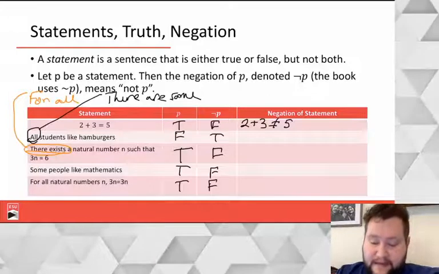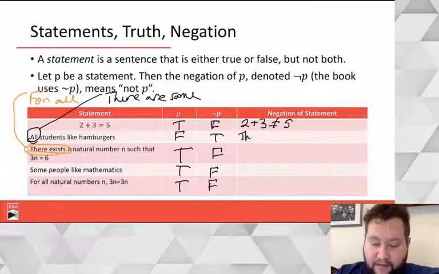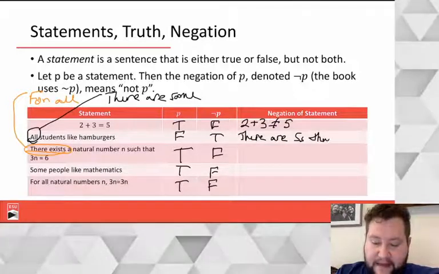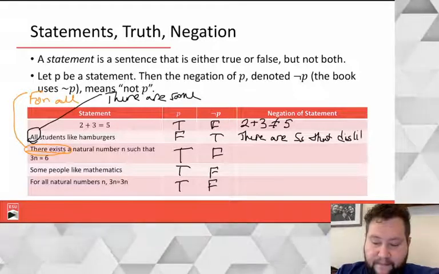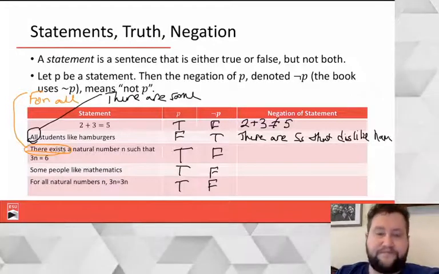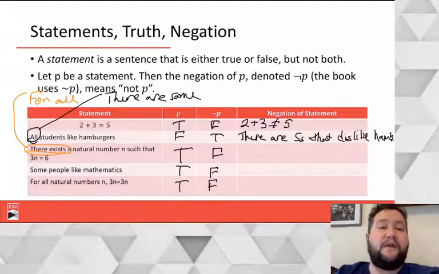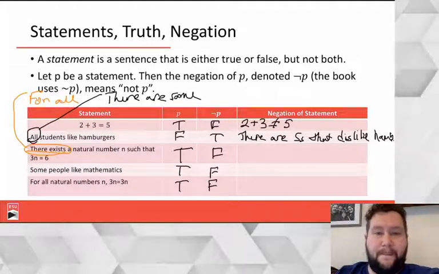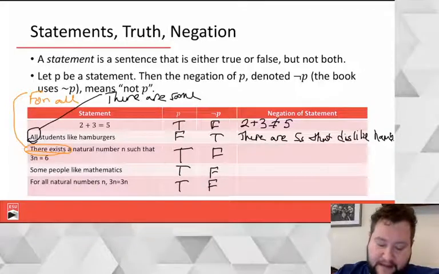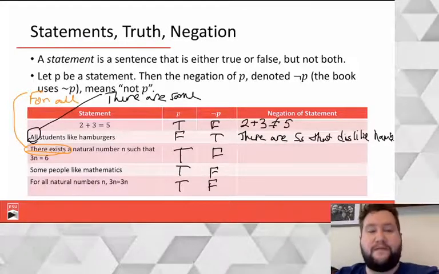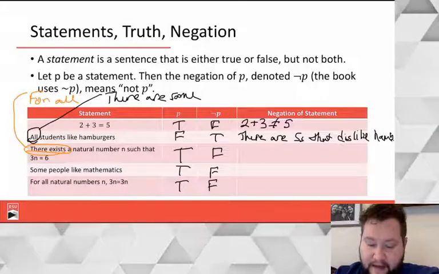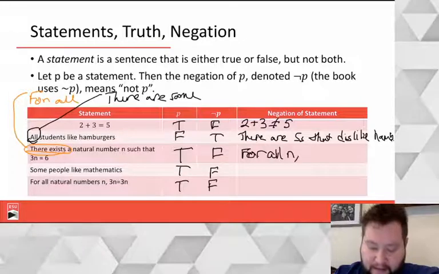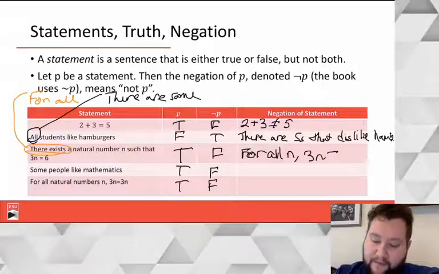Well, the opposite of that is there are students that dislike hamburgers. Right? So if everyone likes them, the opposite of that is that there are some that dislike them. And so now we have this. There exists a natural number n such that 3n equals 6. Well, now we can say for all n, 3n does not equal 6.